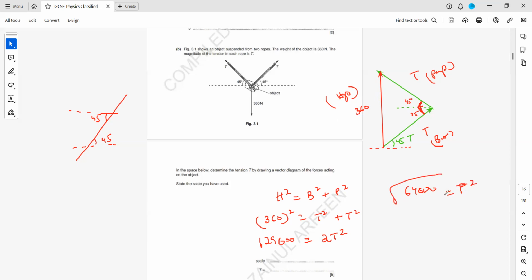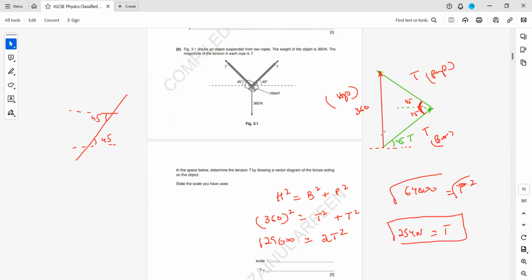If we want T, we take a root. What's the final answer? The square root of 64,800 is 254. So you will mention 254.55, or 254 to three significant figures, Newton.